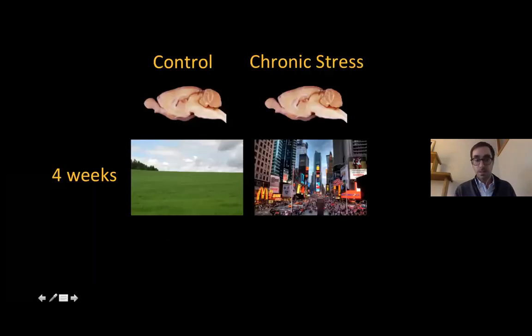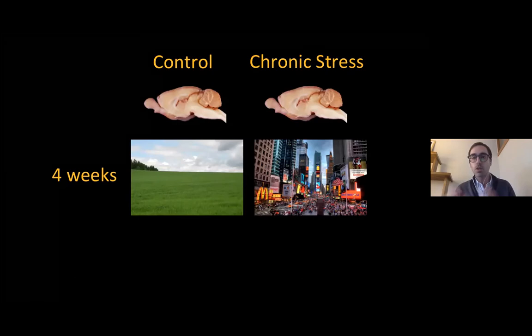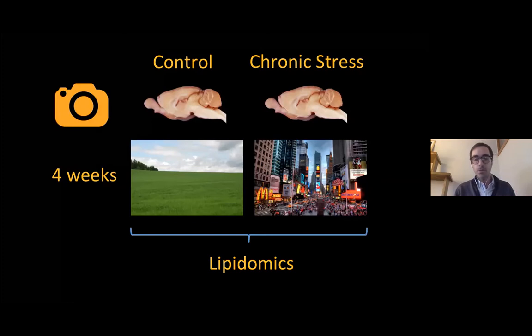The first approach that we took in my research lab was to compare two different situations: a control situation, where the animal is exposed to a control environment, versus a chronic stress environment. After exposure for 4 weeks to these two different behavioral environments, we took a metabolic picture of these situations, and we used lipidomics to probe that.